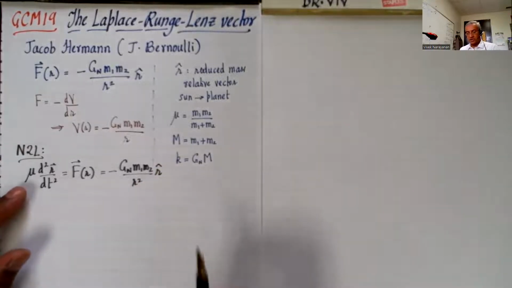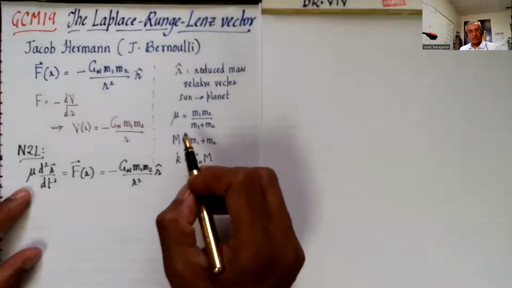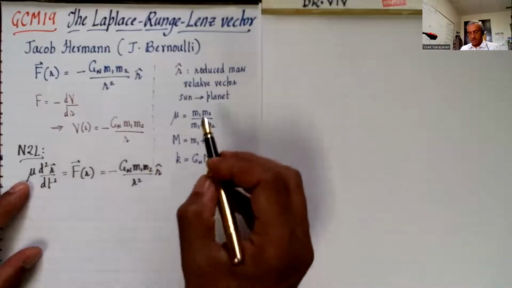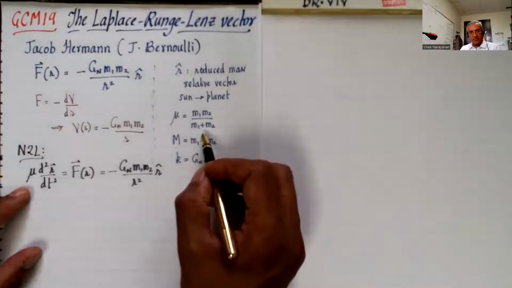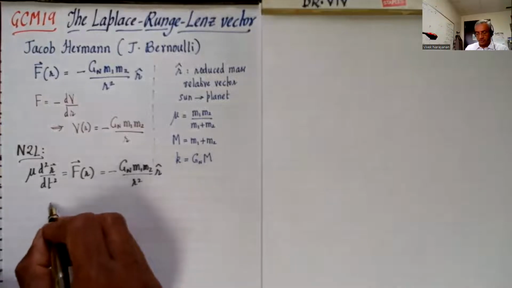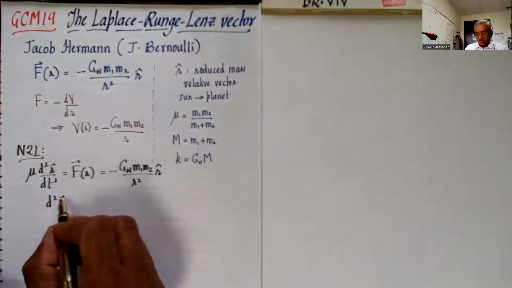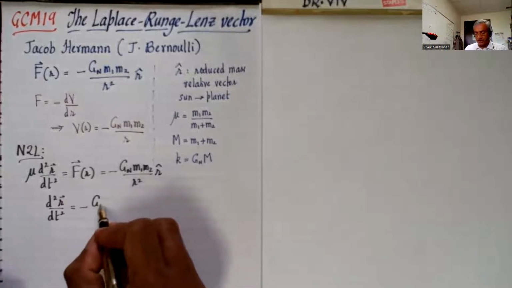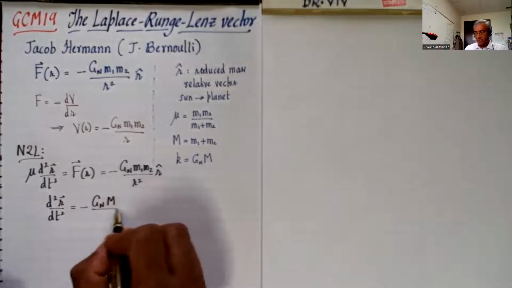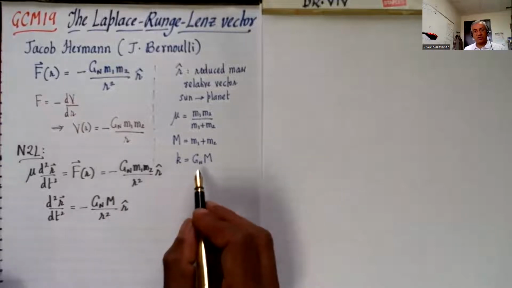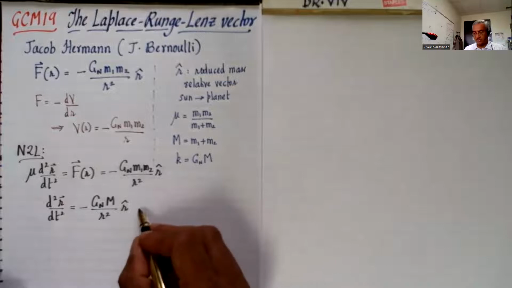Now, mu has got m1 m2 in the numerator, so that m1 m2 and this m1 m2 cancel out. In the denominator, I have capital M, which is m1 plus m2, which goes upstairs. So this leads to d2r over dt squared equals negative G Newton times capital M over r squared r hat. And now G Newton times capital M is our new constant k.